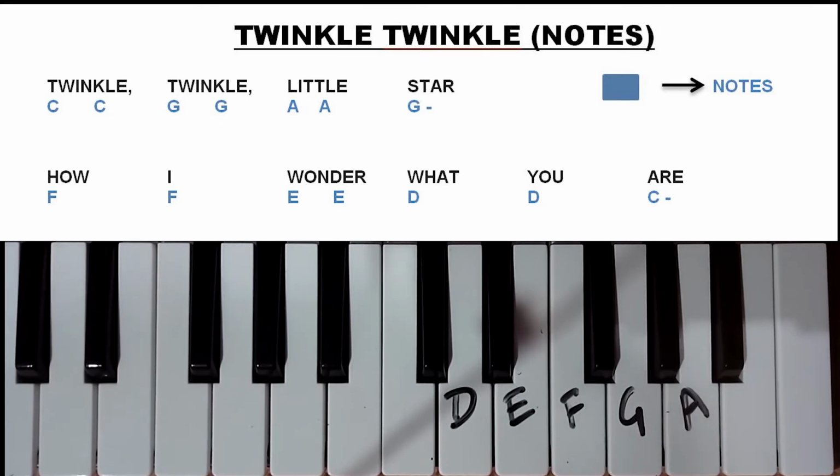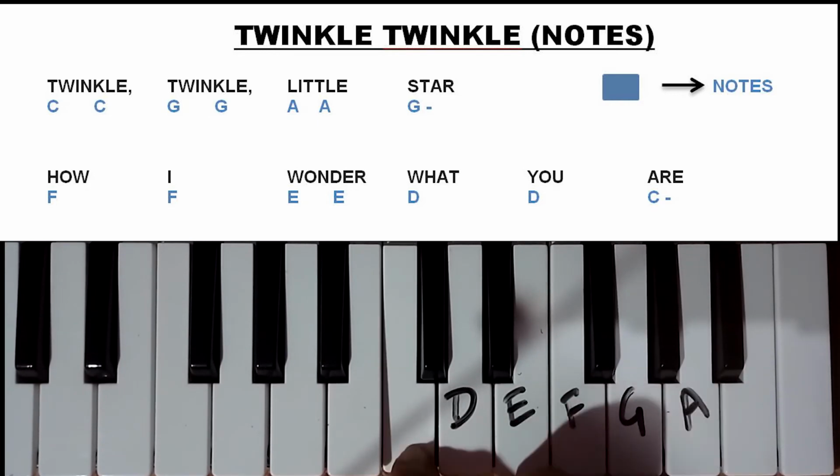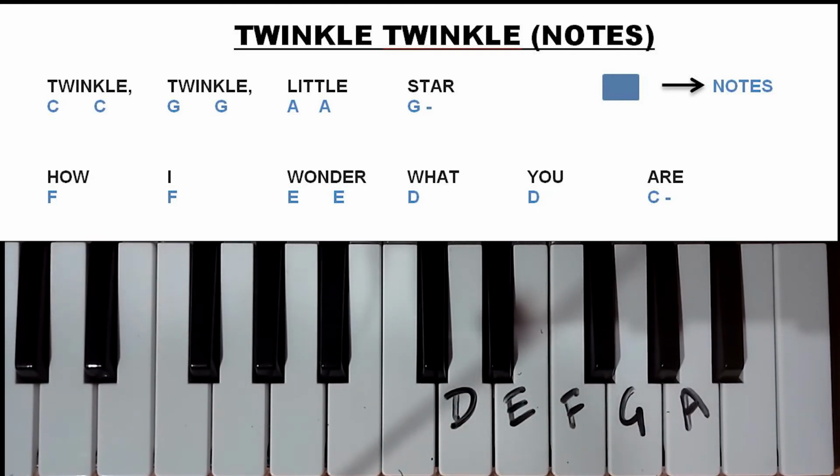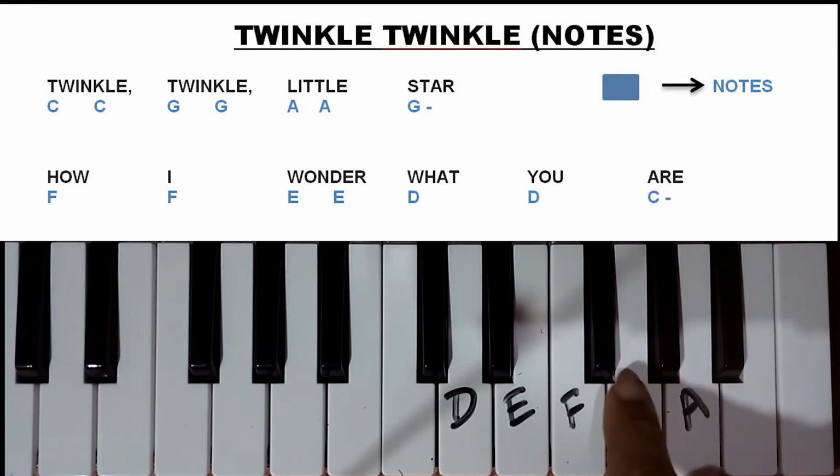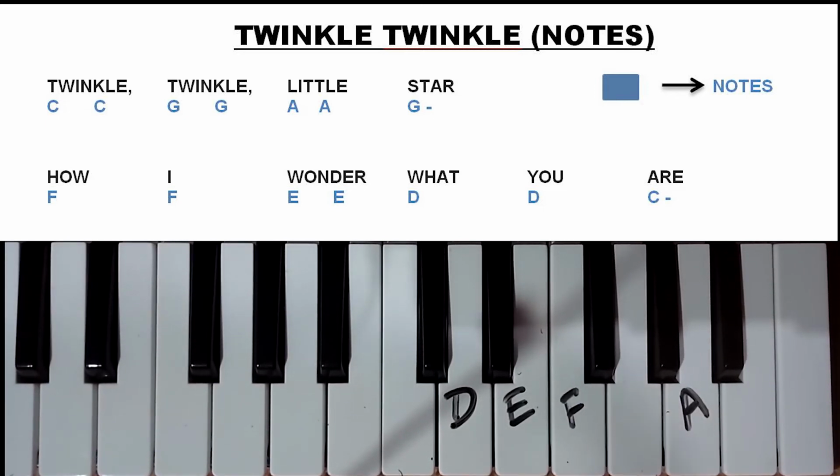Now, play the first four notes. C, C, G, G. Play few more times and memorize the position of G. When it is done, remove the G. Let's play the whole song like this and remove the notes one by one.